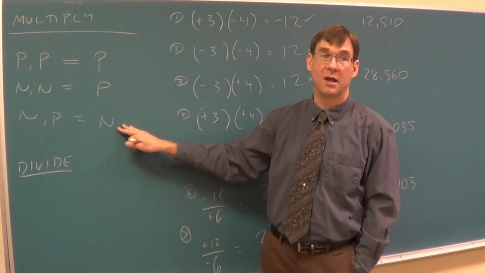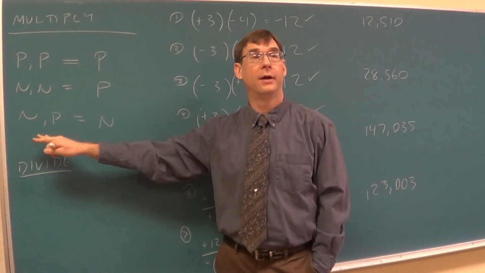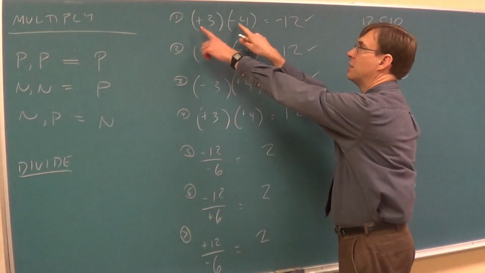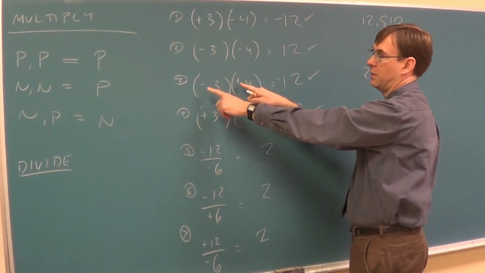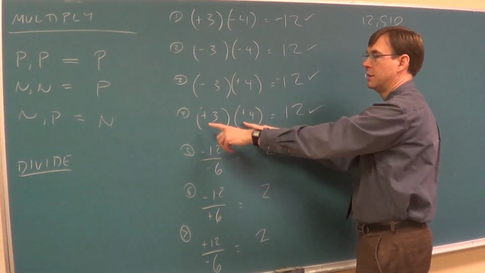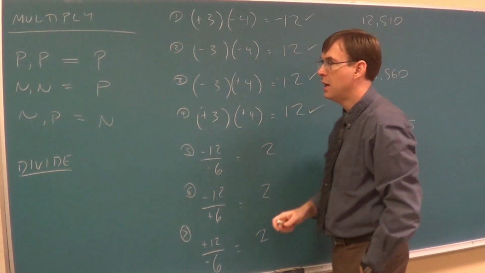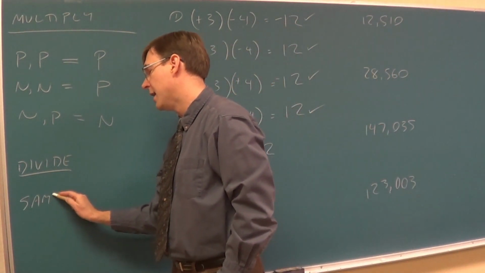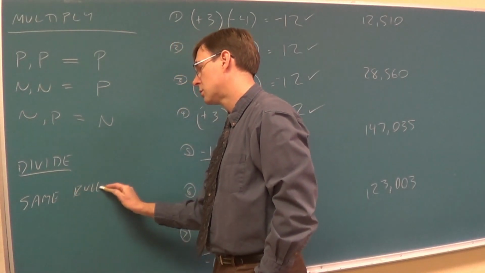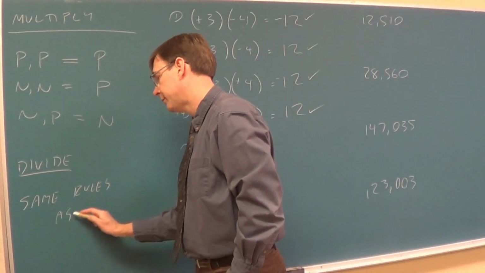We're going to get a negative anytime the signs are a different type. So these are different types, we go negative. Same type, positive. Different kinds, negative. Same kind, positive.